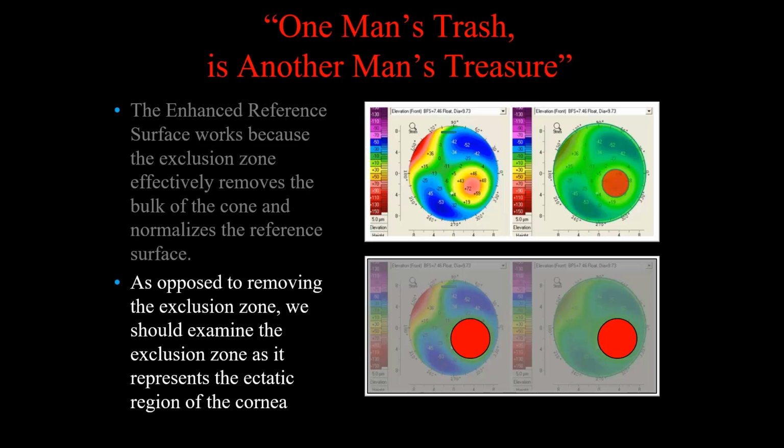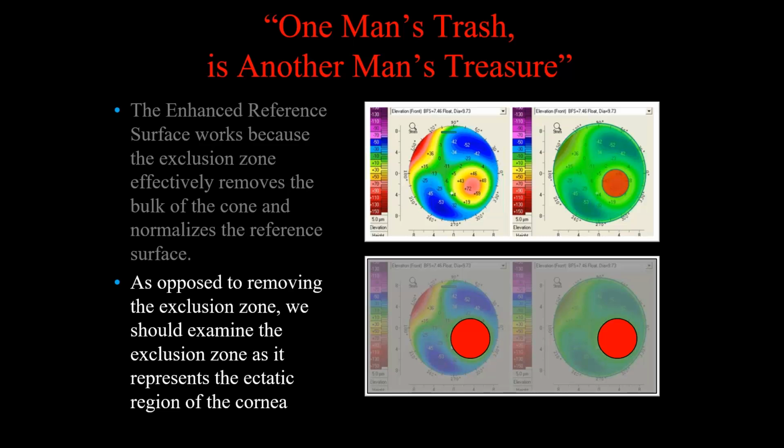It turns out that the formula that computes what is between 3 and 4 almost always defaults to 3mm on an eye that has true keratoconus. So that enhanced reference surface works because when we exclude this red area here, we exclude the bulk of the ectatic region. So I want to say it again.